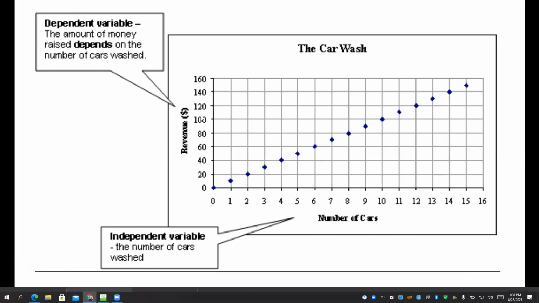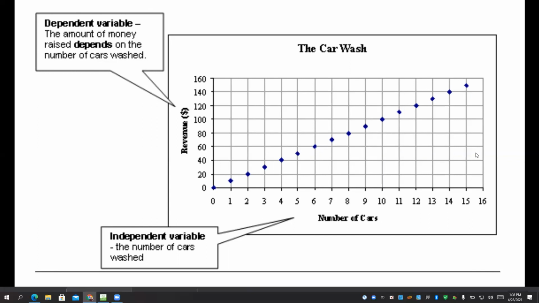And then the dependent variable, you're going to want to put here on the y-axis. Basically, what you're measuring, what you are looking at to see the effect on is going to be your dependent variable. It always depends on the independent variable, or you suspect that it depends on the independent variable.